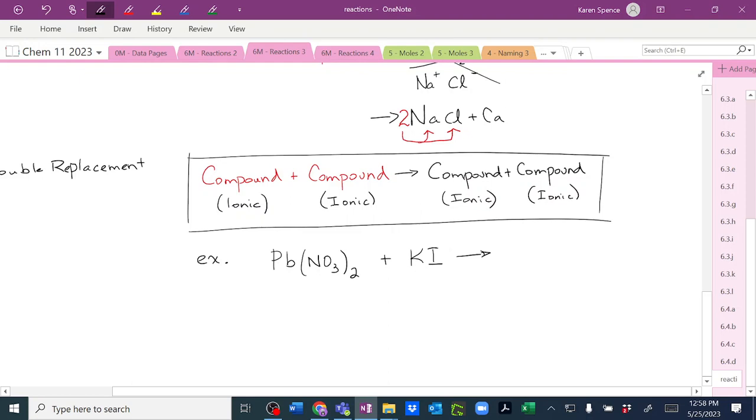I think it's in section 6.4 that we're going to predict the products, but right now we're going to give it a try just so you get a preview. What you're going to do is write out all the ions that are present.